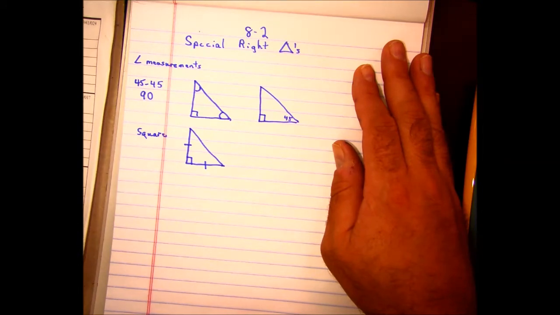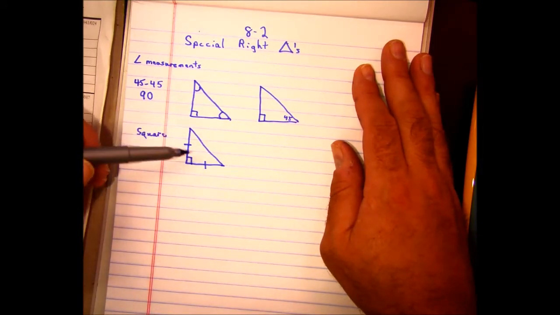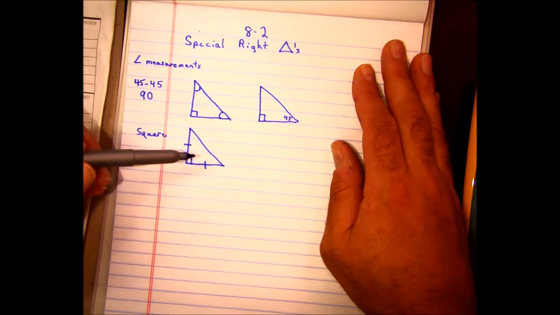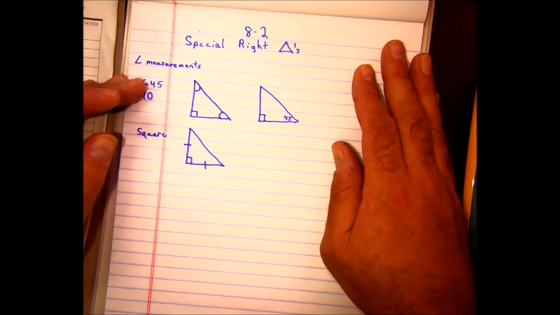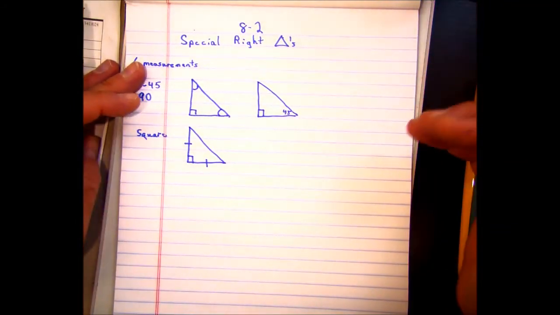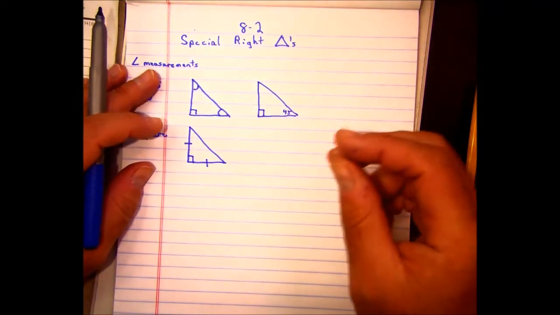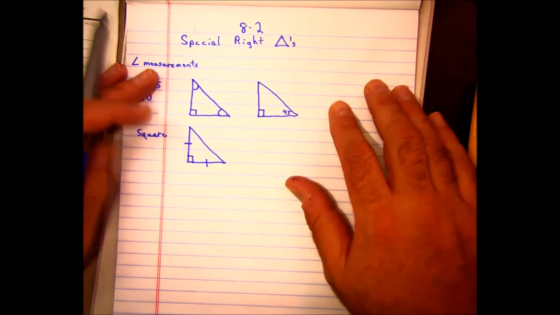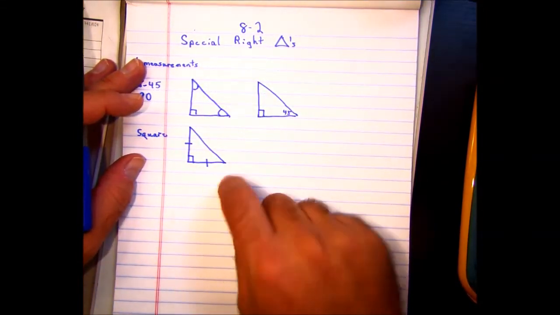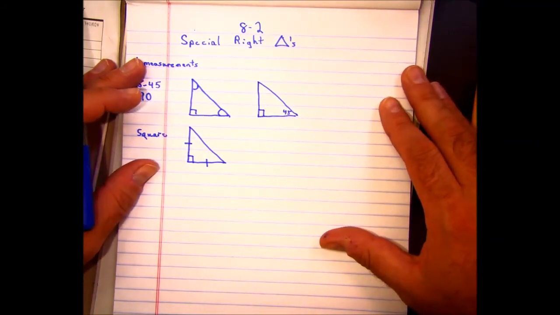When you look at a square, two of the sides are congruent, and the other two are too. And when you draw a diagonal, it makes two 45, 45, 90 degree triangles. So there are different ways of them telling you it's a 45, 45, 90 without telling you. You want to memorize these pictures and understand that in this type of triangle, I'm going to remember these two rules.